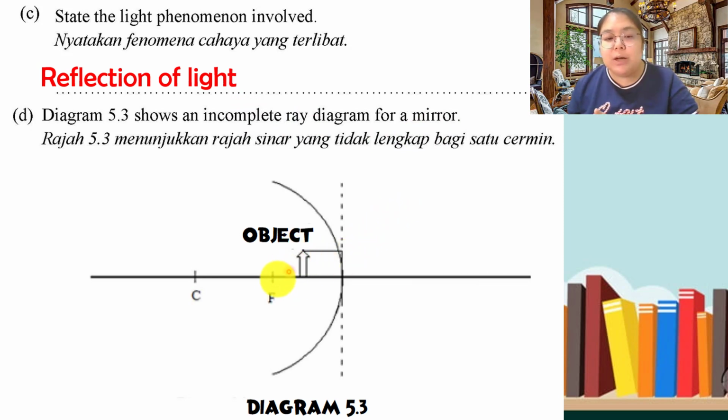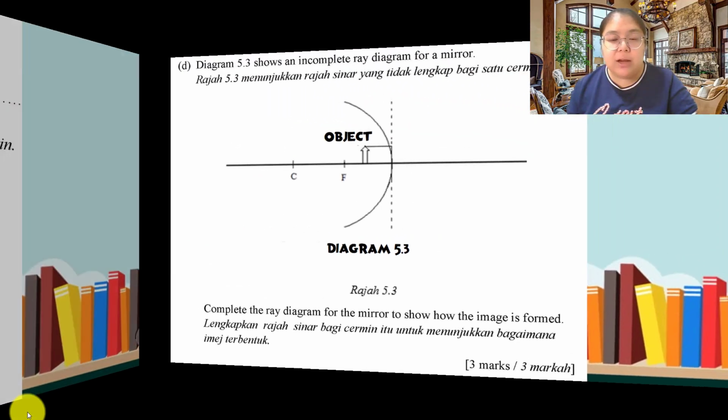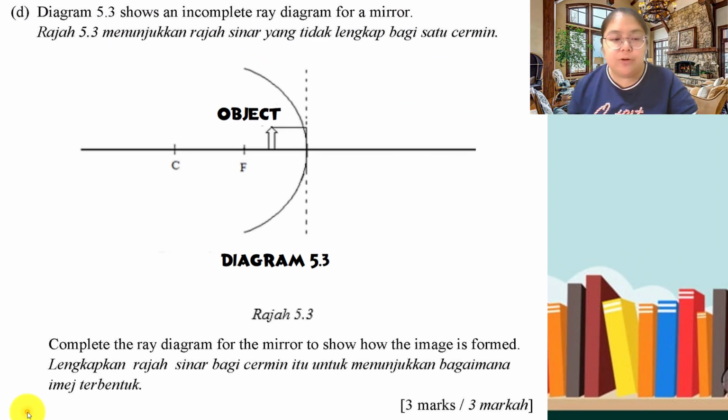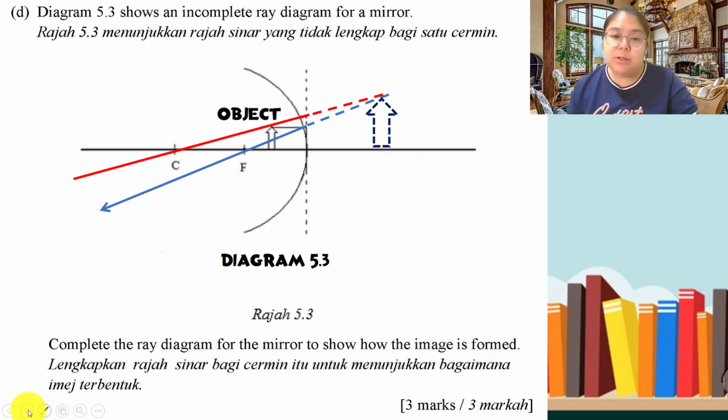The object is also in front of F, so your image must be part 2. First ray: parallel, then go to F, then extend and make it longer. Third ray, then overlap, then draw your image. After completing, depending on the question, it may ask you for the characteristics. Now let's see the next part.